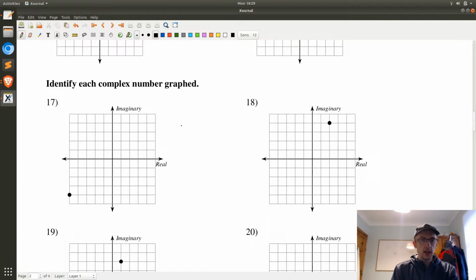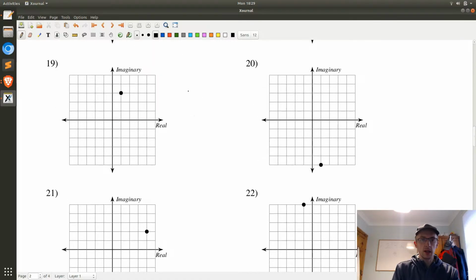And now identify each complex number that has been graphed on the complex plane. Well, that would be -5 take 4i. That's 2 add 4i. This one here is 1 add 3i. 1 take 5i.